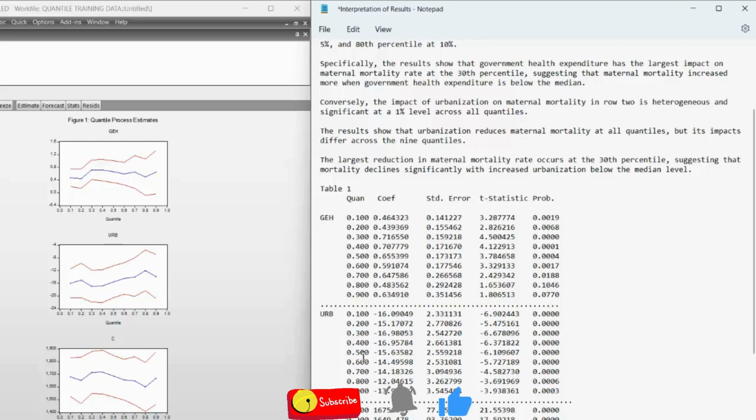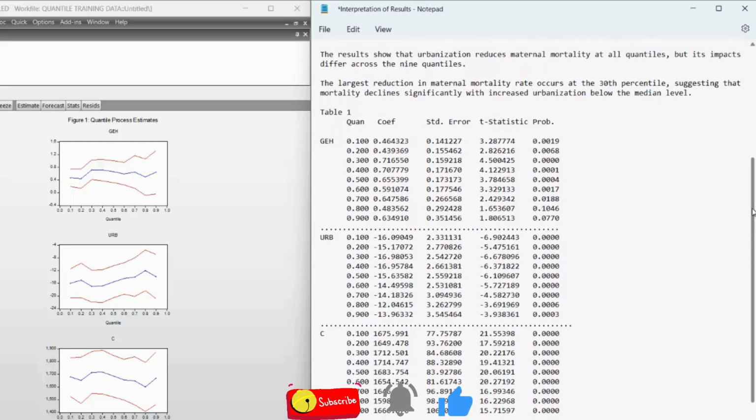If yes, you let us know. Then from there you tell us a brief story and you provide a recommendation. So with this, we have come to the end of the interpretation of quantile regression results. You don't need to interpret the constants.